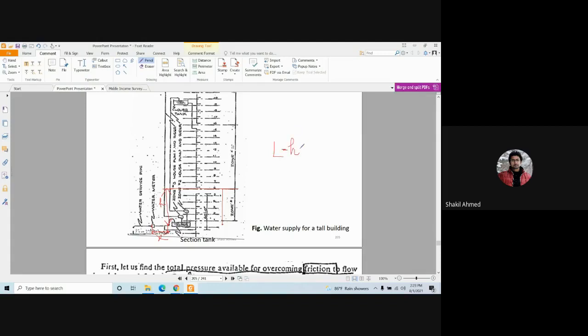L is equal to H plus X. Sir, X is the horizontal distance. X is the horizontal distance and H is the vertical distance. Clear? Now if you know X, let's say this is 10 feet, so L equals H plus 10.